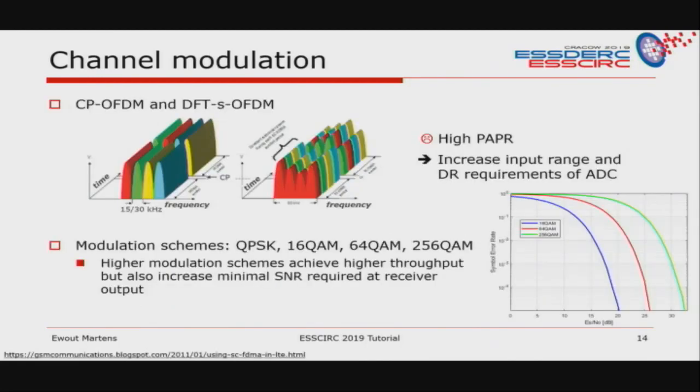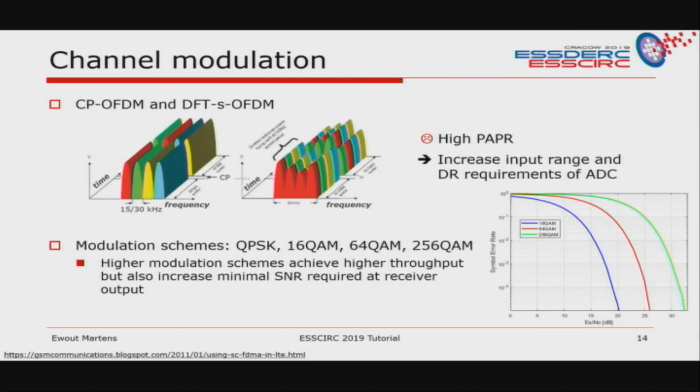What about the number of bits? Then we have to look at the modulation, for example. The main modulation is based on an OFDM system with some cyclic prefixing to get a better peak to average power ratio, but it's still quite high. A high peak to average power ratio increases the input range that you would need for ADCs and also the dynamic range.